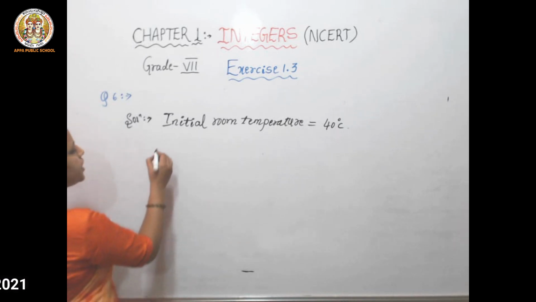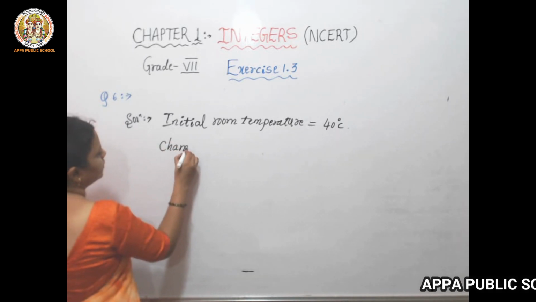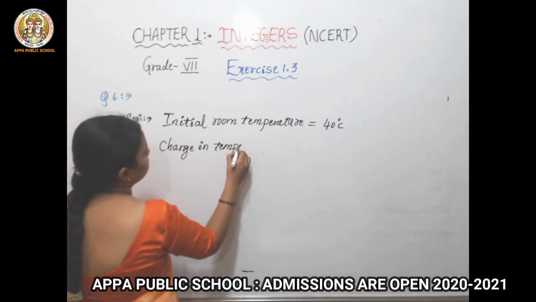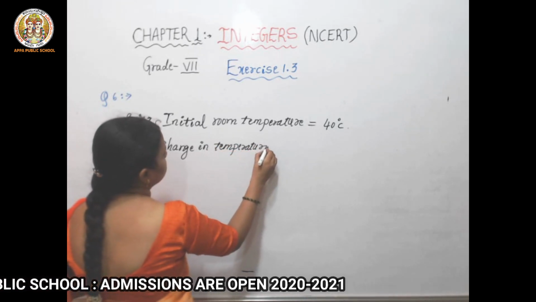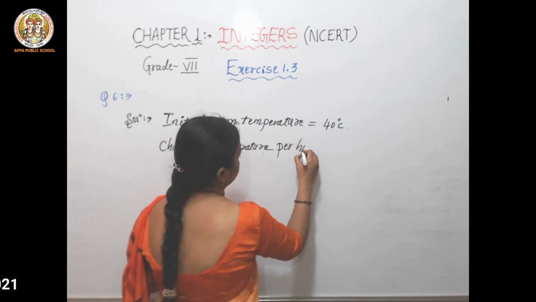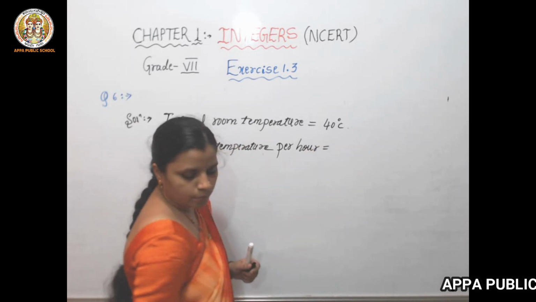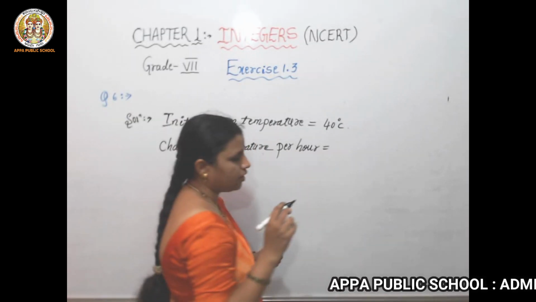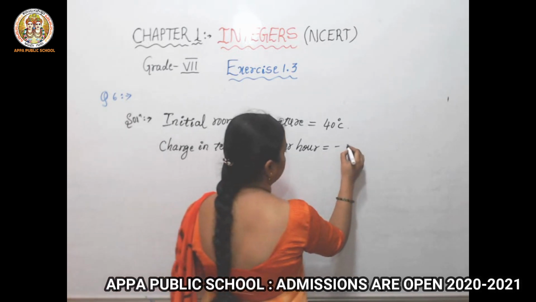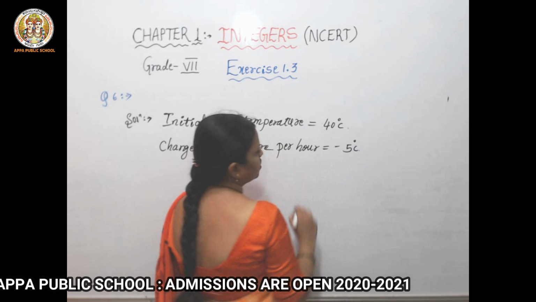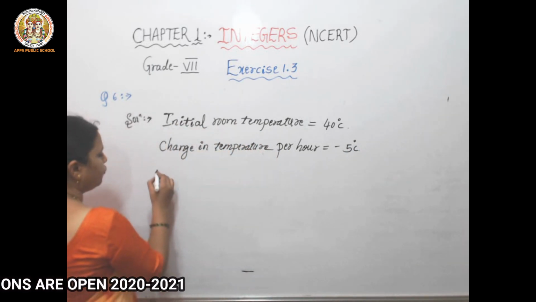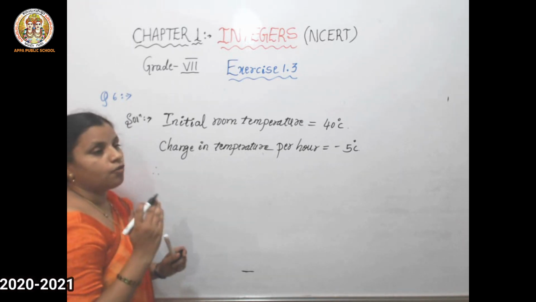The next is the change in temperature per hour. As I said, in the question it is given as +5 degrees Celsius, but here I will take it as -5 degrees Celsius, because it is a freezing process. Now, the change in temperature after 10 hours.